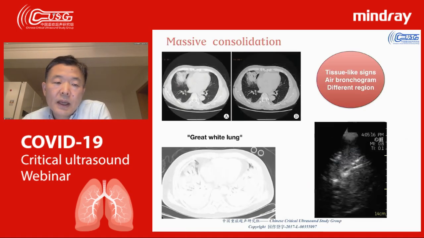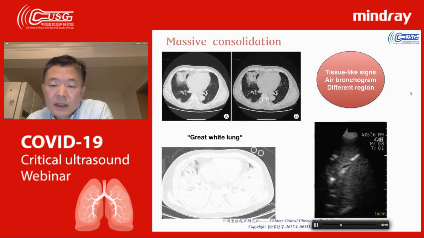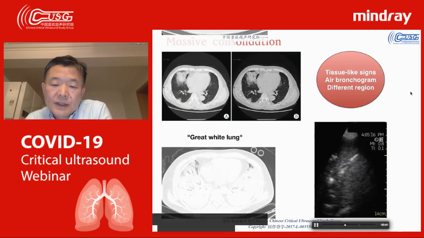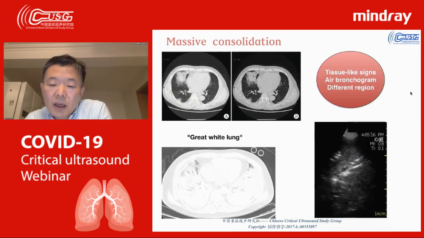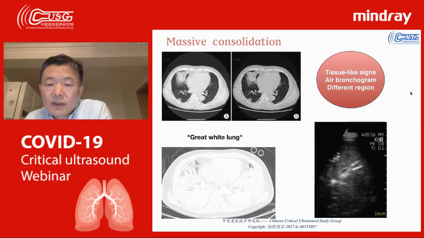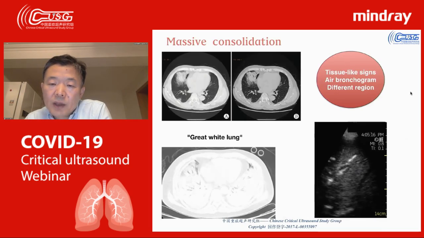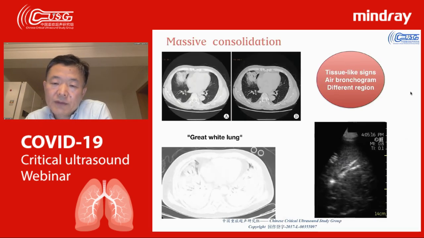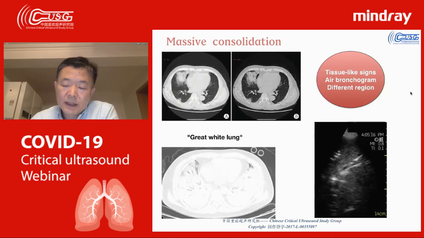And massive consolidation is seen as this kind of consolidation. I think most of us are very familiar with this: tissue-like signs and airway bronchogram, and also in different regions you see a lot of these.